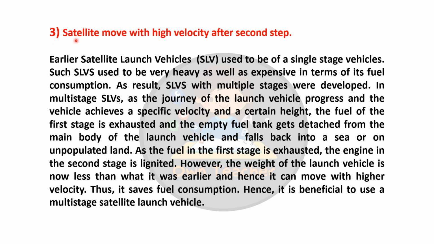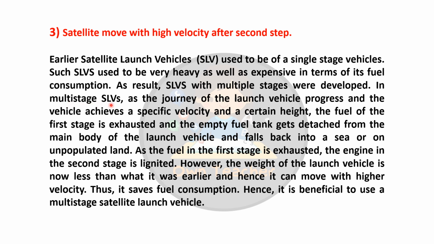Number 3. Satellite moves with high velocity after second stage. Earlier, satellite launch vehicles, that means SLV, used to be single stage vehicles. Such SLVs used to be very heavy as well as expensive in terms of fuel consumption. As a result, SLVs with multiple stages were developed.